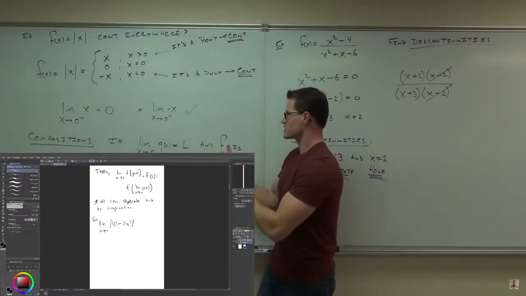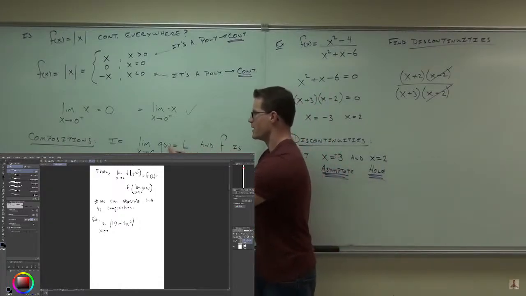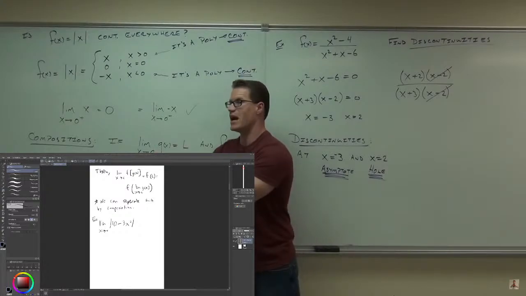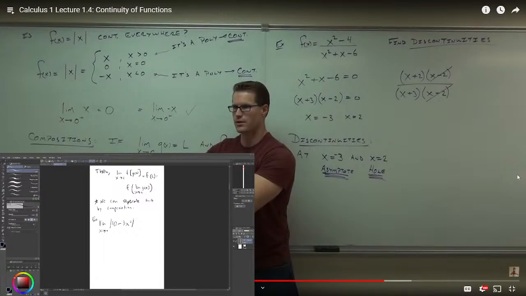f has to be continuous at L because when you compose that, you're actually not plugging c into f. You're plugging L into f. So basically, with the limit of g of x, you're getting like the point y, and you're basically just plugging that point into the other function.